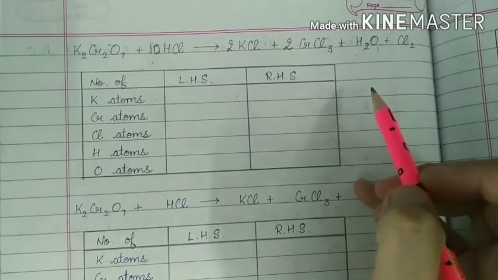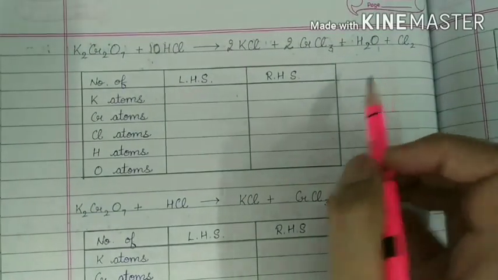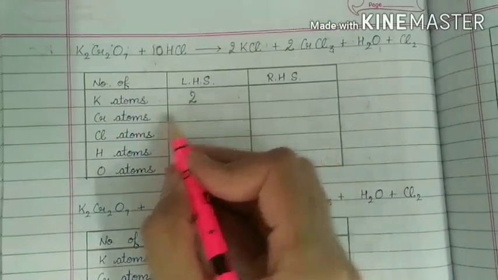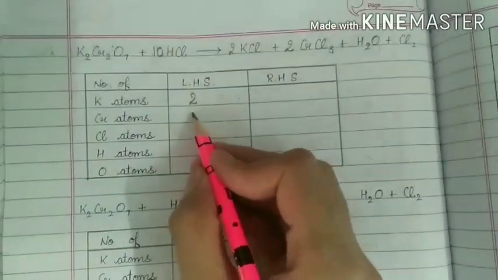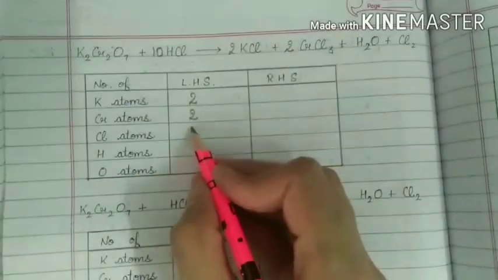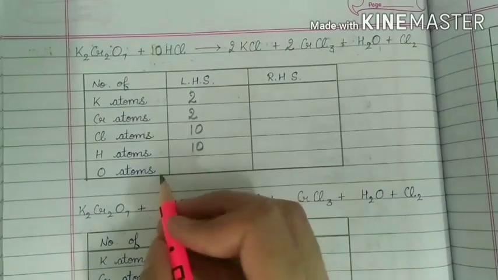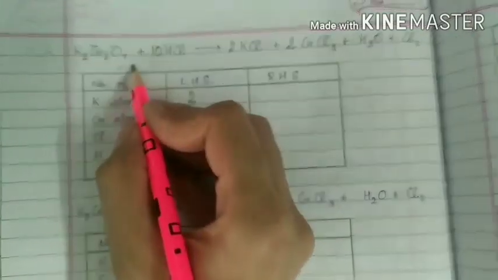So now again counting the number of atoms of each element on both the sides. On left hand side we have 2 potassium atoms, 2 chromium atoms, 10 chlorine atoms, 10 hydrogen atoms and 7 oxygen atoms.